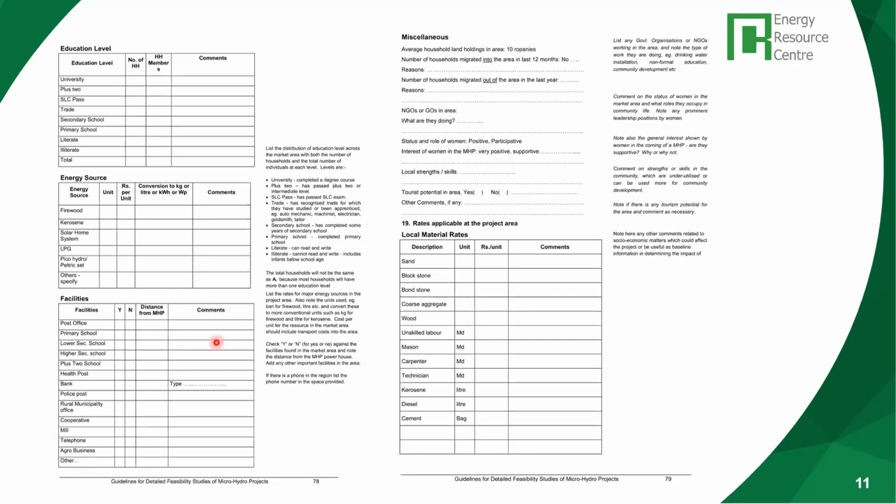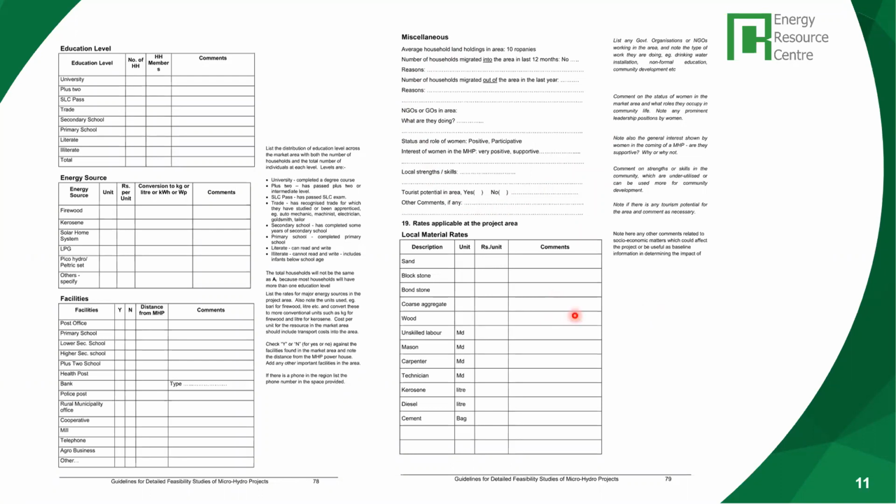I mean, post office, school, other amenities availability also has to be listed. Then we also look at what are the other social, non-governmental organizations of women, because gender issues are also important. So these are also described in such a report.